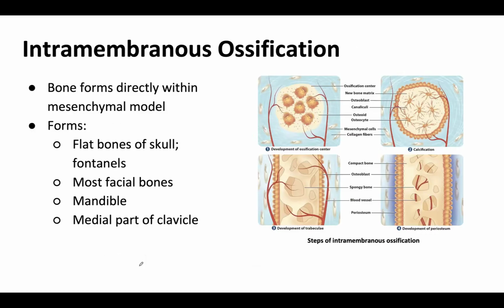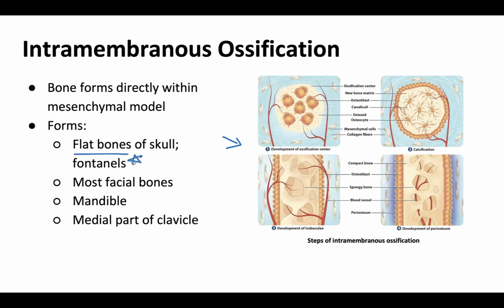meaning bone will directly replace that tissue. Now, for this course, we are not going to get into the details of each step, but you can see the general pattern of these steps here on the right. A minority of bones form through intramembranous ossification, and these include the flat bones of the skull, as well as the associated fontanelles.